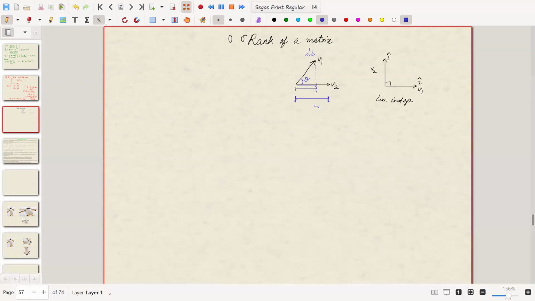So now, what is the takeaway from this idea which I just showed? I just told you how you can write v1 in terms of v2. Project it and stretch it. Project it and stretch it, isn't it? That's how you can write v1 in terms of v2 or v2 in terms of v1, vice versa. So now you came to a conclusion that you can write v1 in terms of v2 and v2 in terms of v1.